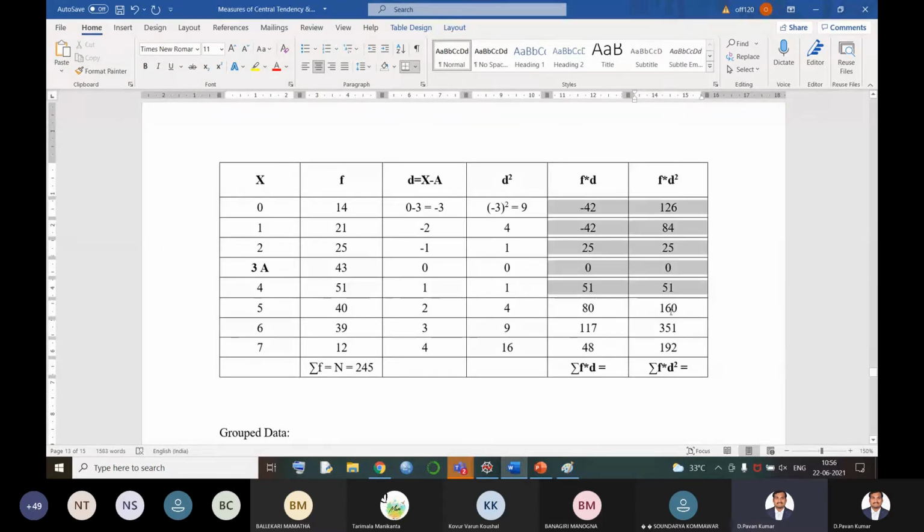Now just add these totals and tell me. Summation f into d. Add this column. I need summation f into d. Actually, this is minus 25. Is it 212?